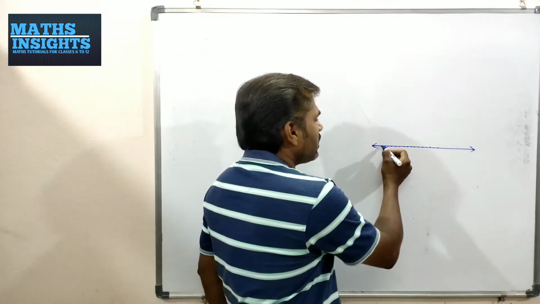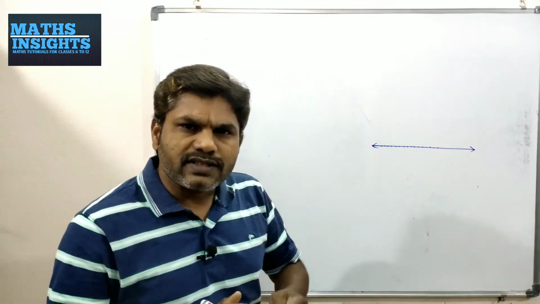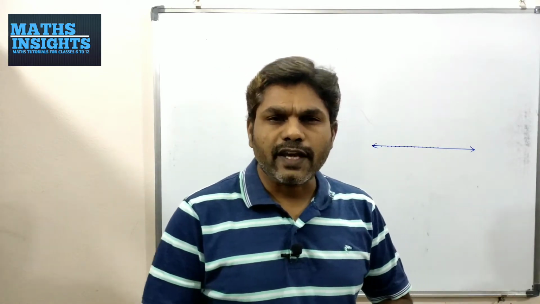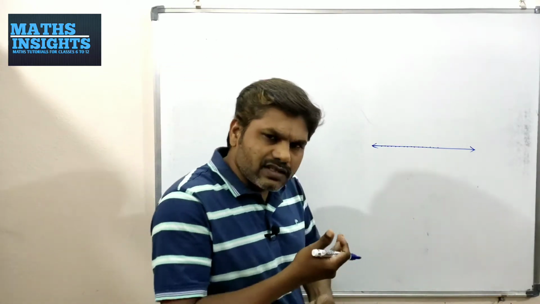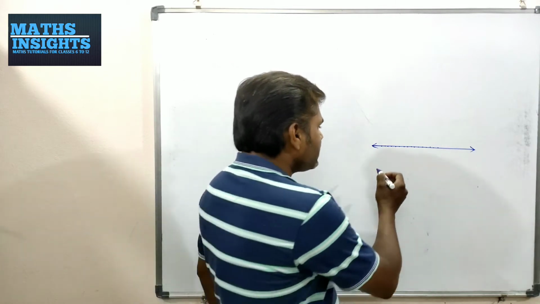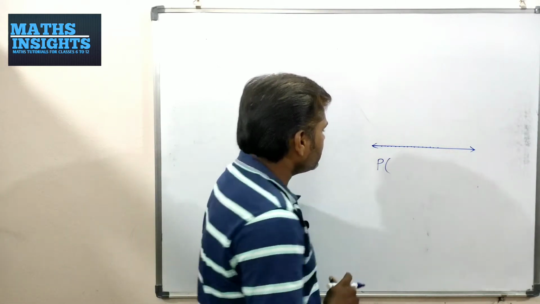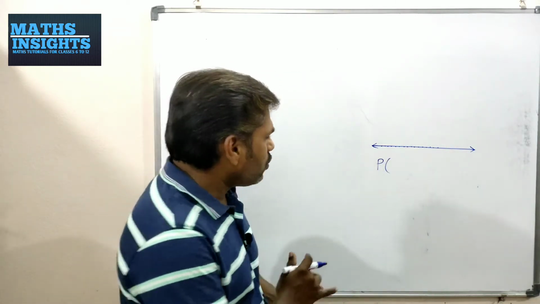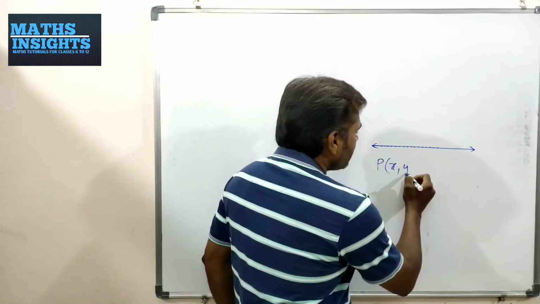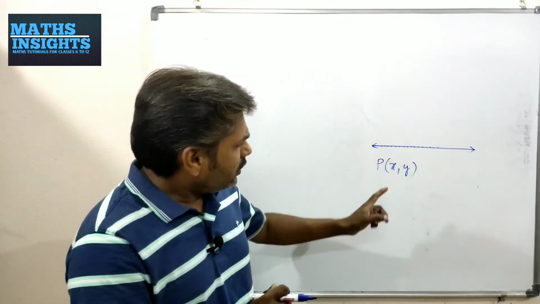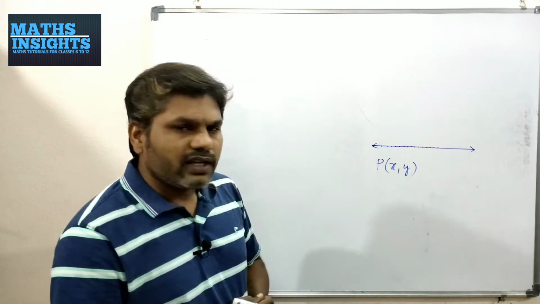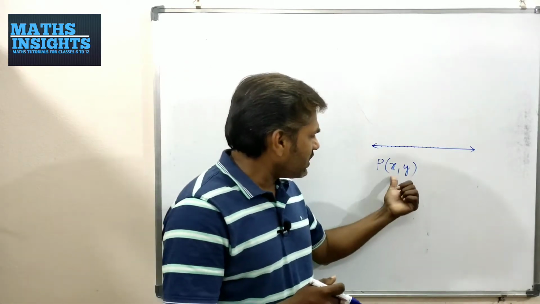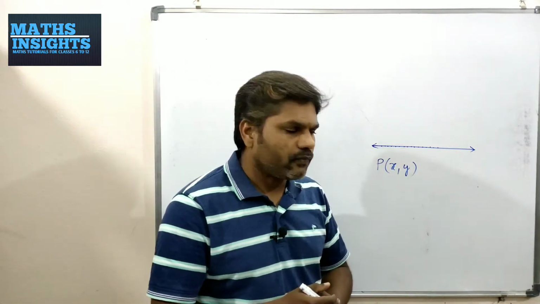Every point on the line is generally denoted by using a capital letter. As I just said, I am taking a point called P whose coordinates are x comma y. Again a question arises, what is this x and what is this y?